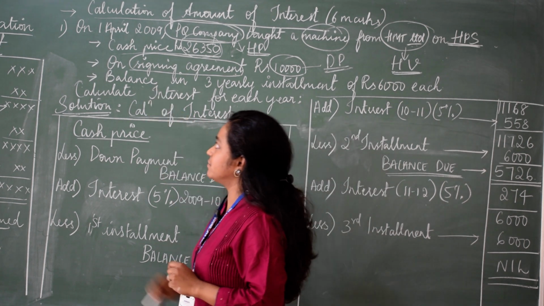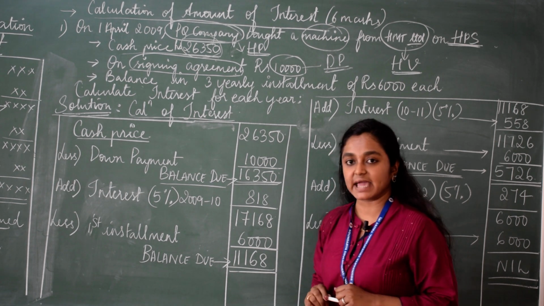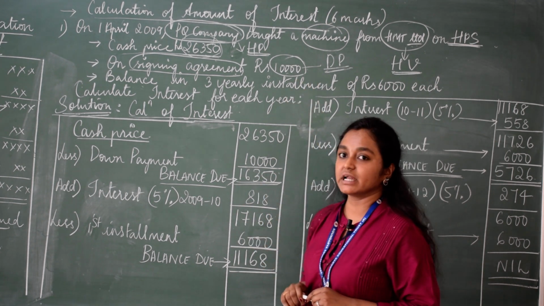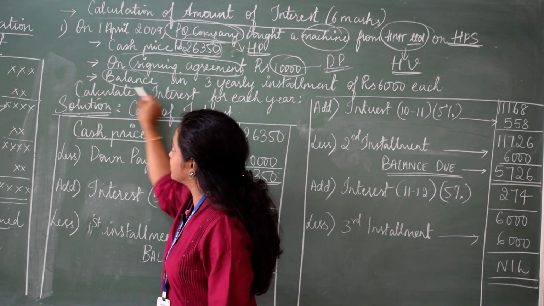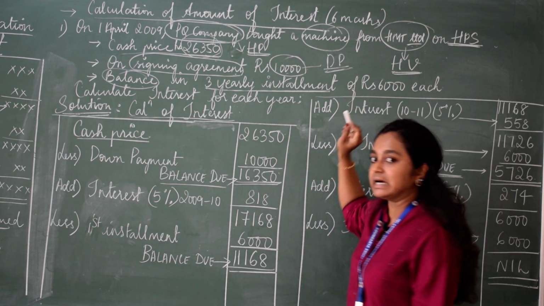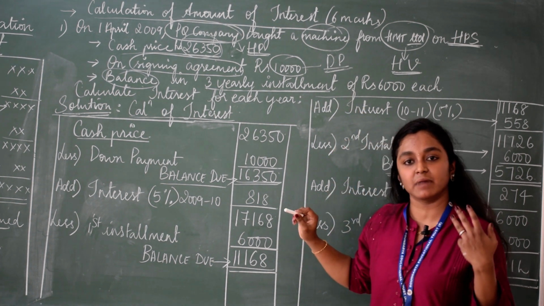Going on to the next statement, 26,350 is the cash price, and I am also paying 10,000 as down payment. After removing the down payment, whatever balance is left will be paid in 3 yearly installments. So here the agreement is for a minimum of 3 years.